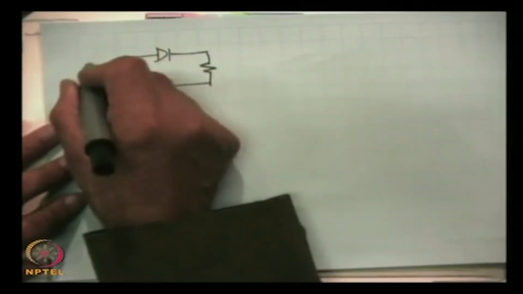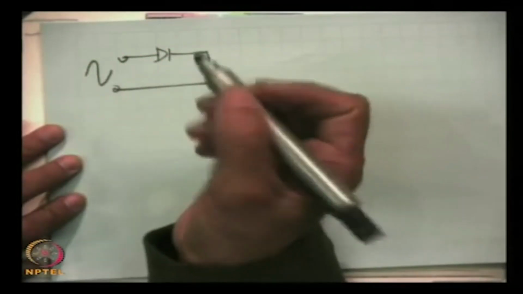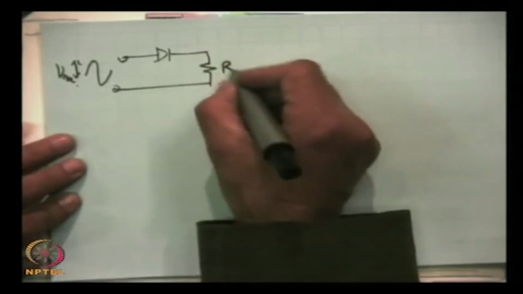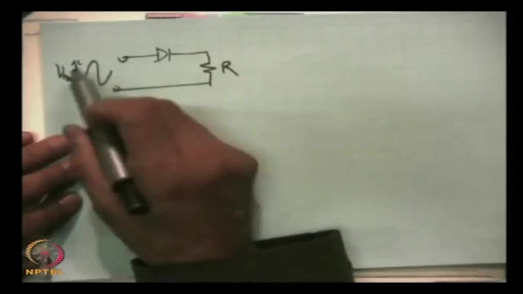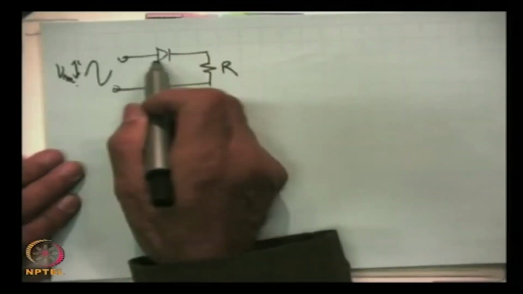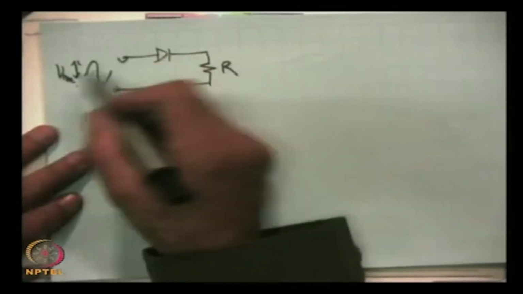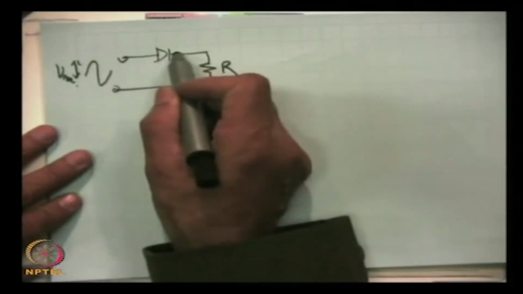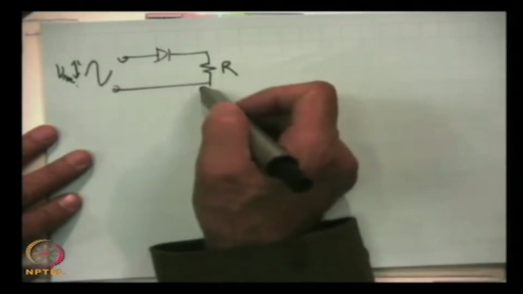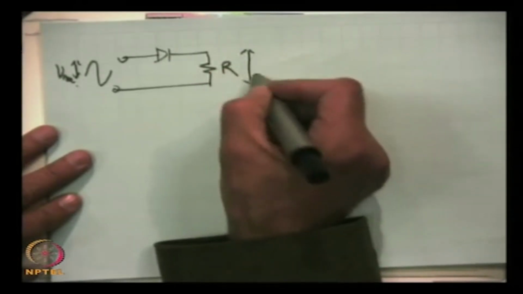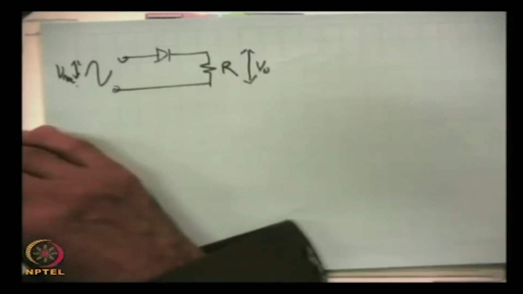Here we are feeding an AC signal with a peak value Vm, and this is the load. Now, this will chop off the lower portion completely. That means this upper half will forward bias the diode, current will flow, and we will get a voltage across the load, and this will be V0.